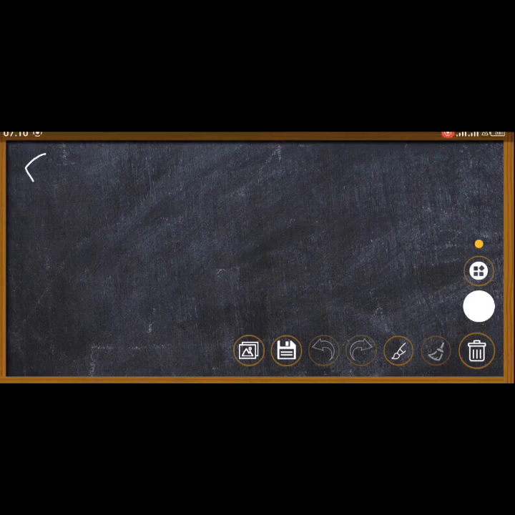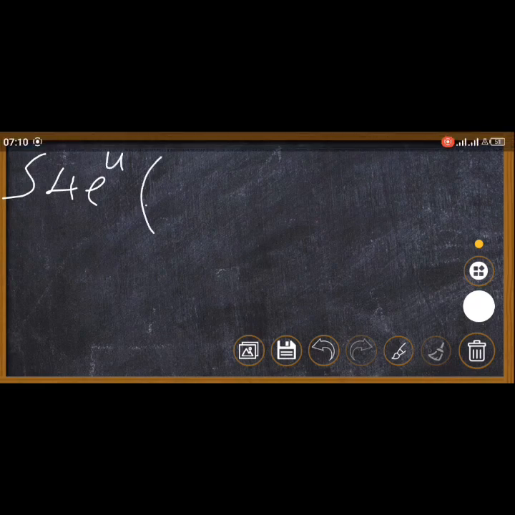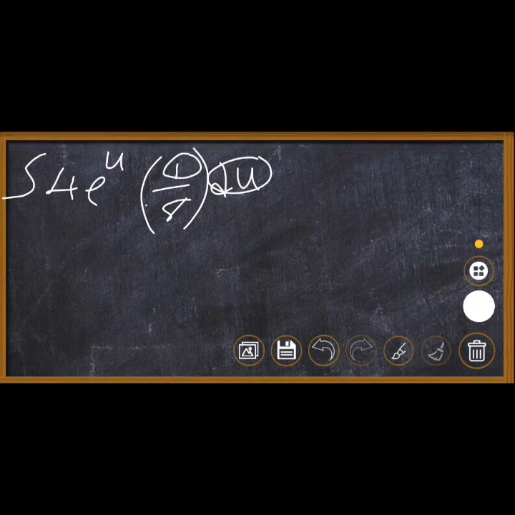So in this case, we are going to have 4e^u here, and then 1 over 8 du, because 1 multiplied by du is just du. Remember, we had du over 8, so even if you have 1 over 8 du, it's the same as du over 8.